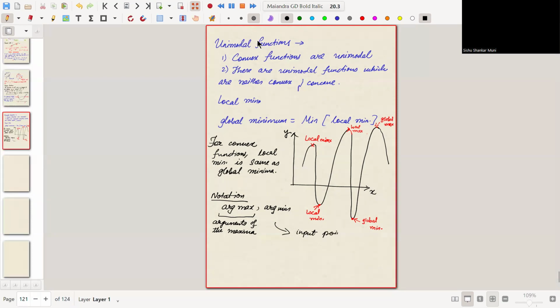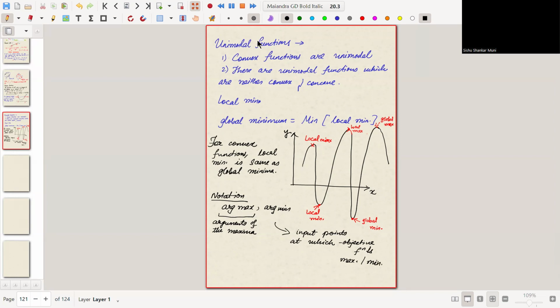So these are the input points at which your function, maybe the objective function, is maximum or minimum. Got it?